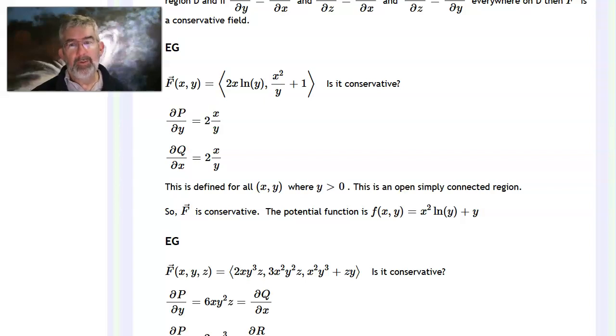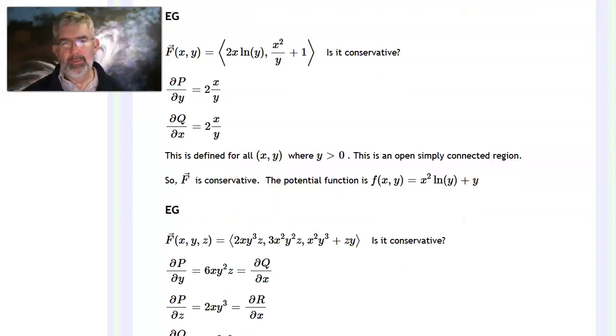So these partials are equal to each other, and it's defined on an open, simply connected region. This is a conservative field. And by the way, the potential function is this. We'll do a video on how you calculate these, but it's just a matter of doing anti-partial derivatives of the parts here. All right. Example number 2.